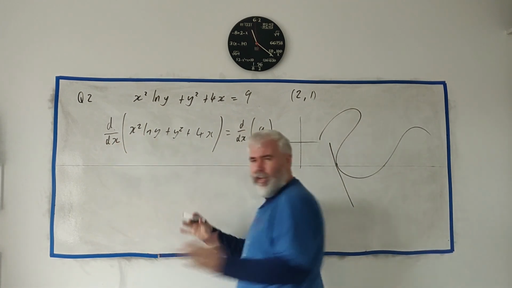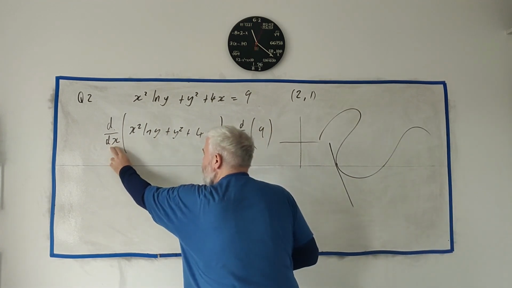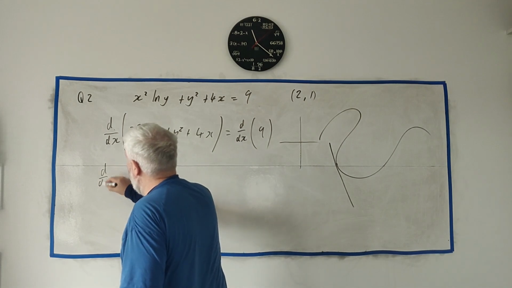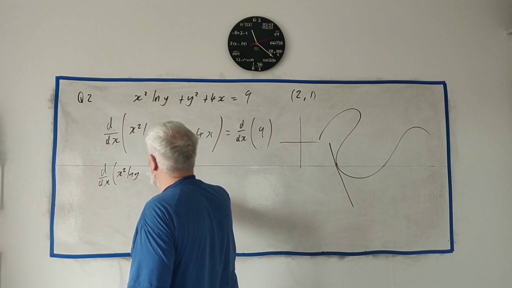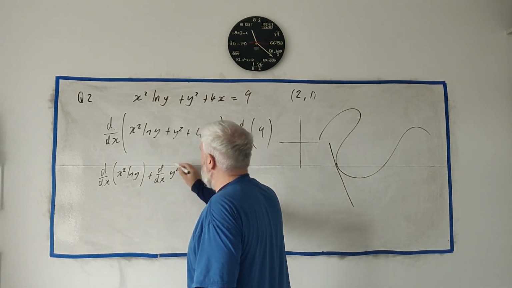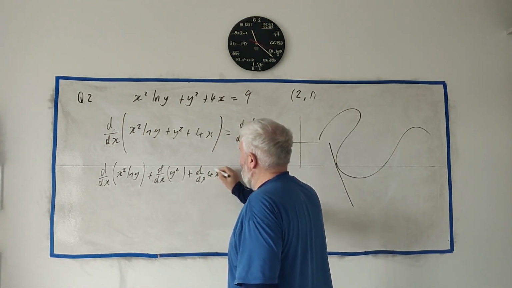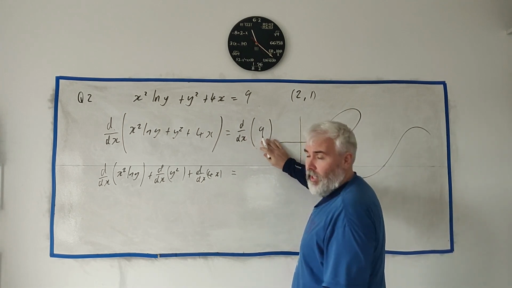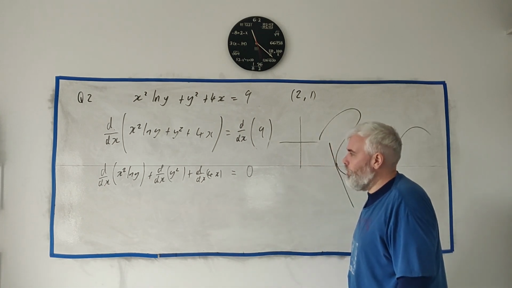If there's a natural log outside a bracket, it doesn't act on everything inside it. But differentiation just acts on each term. So we can rewrite this as d/dx of x squared natural log y plus d/dx of y squared plus d/dx of 4x. This is the only one easy to do. Equals d/dx of 9. The derivative of 9 is just 0. Let's get rid of that one right now.